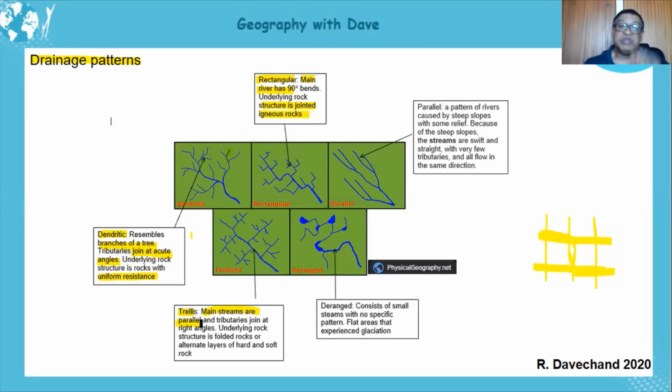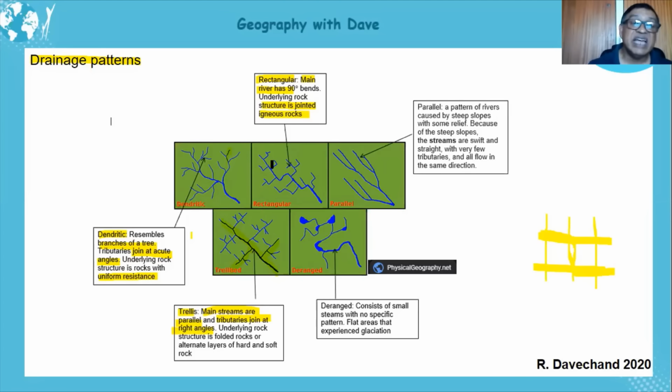Then you notice that the tributaries join at right angles. Now, can you see this river here? It's one stream and the tributaries join at right angles. So in many cases when you get tested in assessments, you may just see one stream.